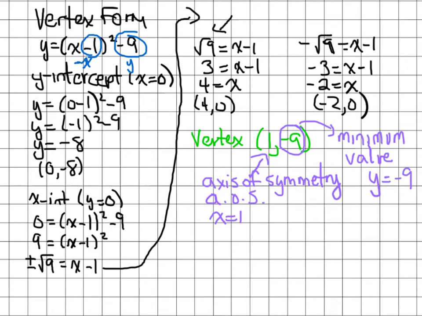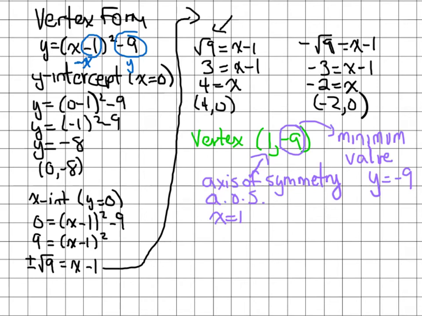All right, so recap again. We have our y-intercept at 0, -8. We have two x-intercepts at 4, 0, -2, 0. Our vertex is 1, minus 9. Our axis of symmetry is where x is equal to 1. We have our minimum value, which is y is equal to -9, and we know the direction of opening is up, and that's because this here is positive.